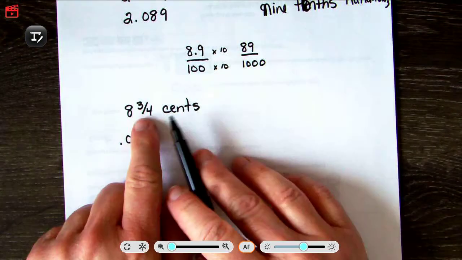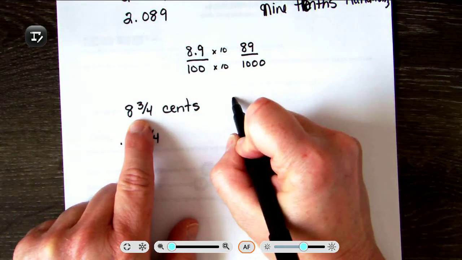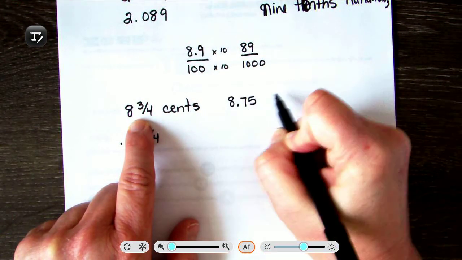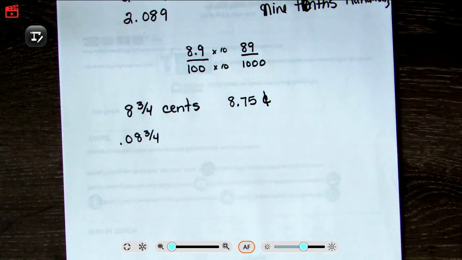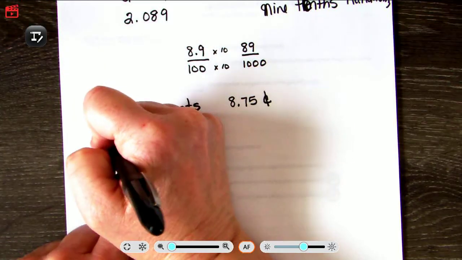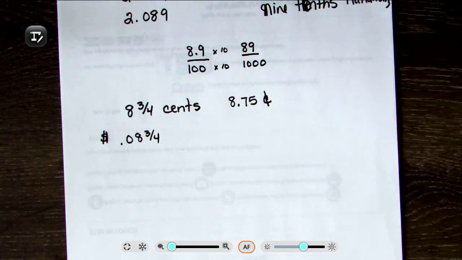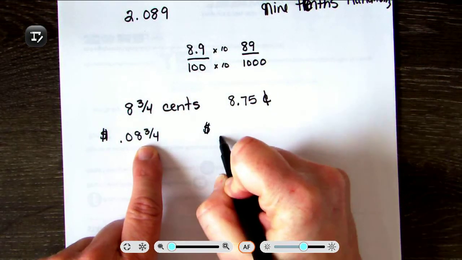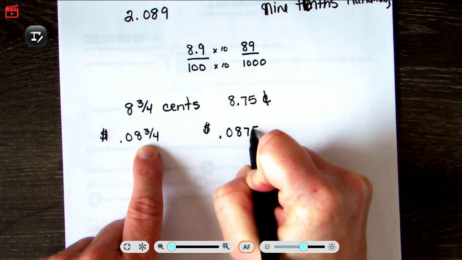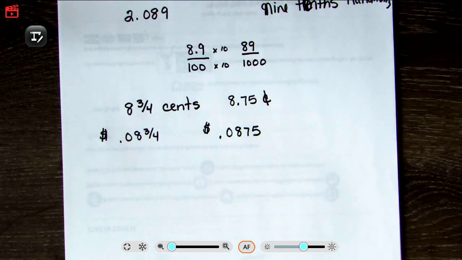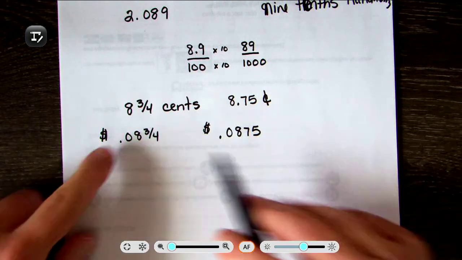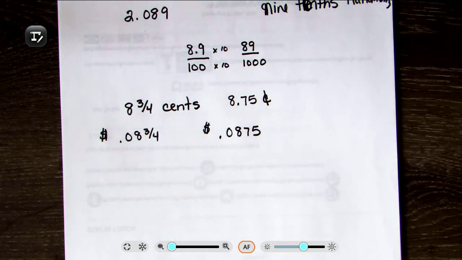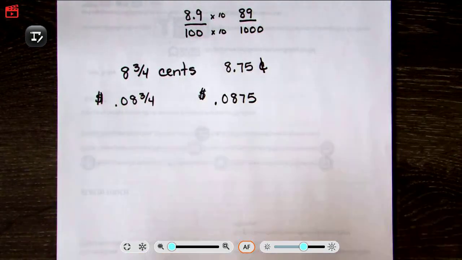Now we have no problem thinking this as, this is 8.75 cents, putting the cents mark on there. So turning this into this form in terms of a dollar makes it like strange. But if we write it in the decimal, throwing some more decimals in there, we'd have something that looks like this. Hopefully going through these examples will make this strange concept a little bit more understandable.